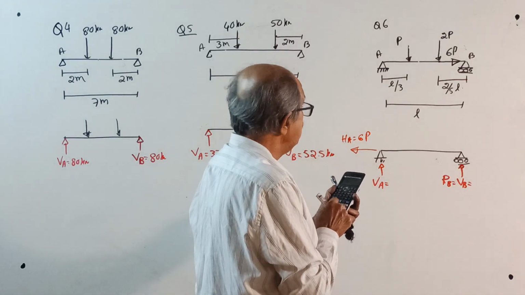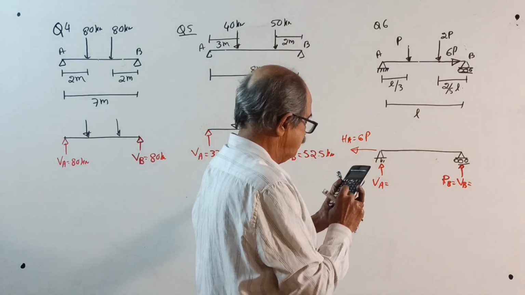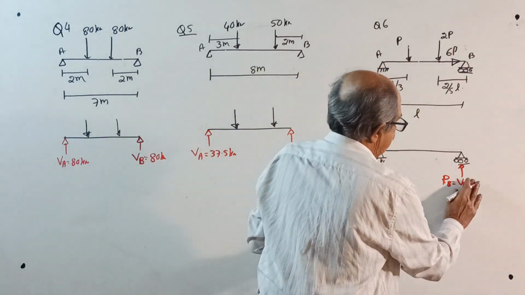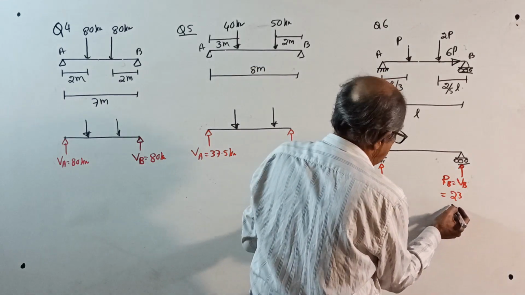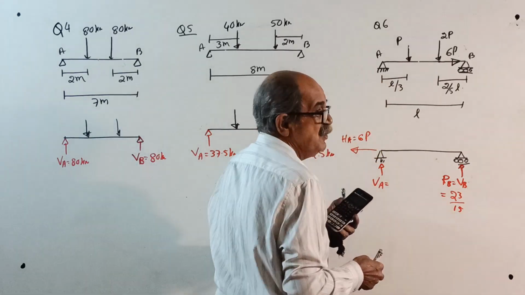1 into 1 by 3 plus 2 into 3 by 5. Out of scale, this reaction is 23 by 15. Or you may get what? 1.5333 like that.